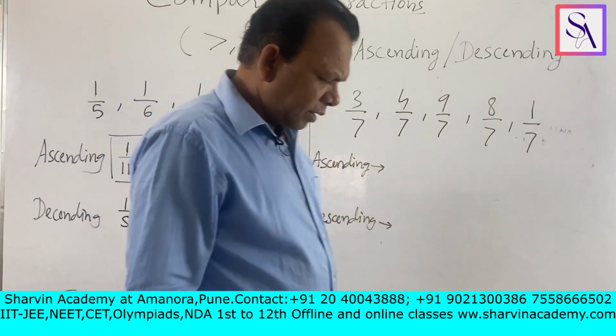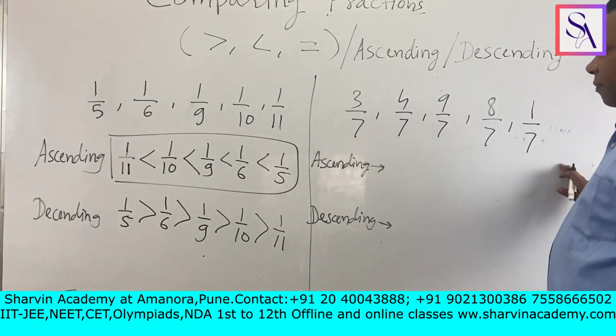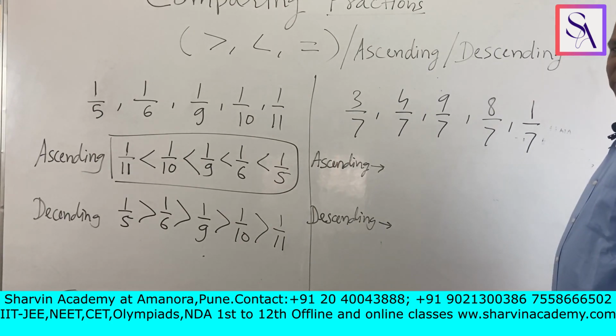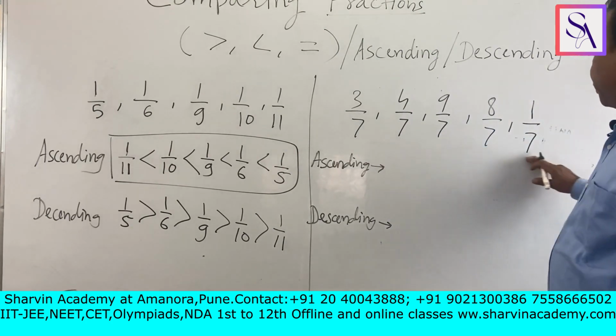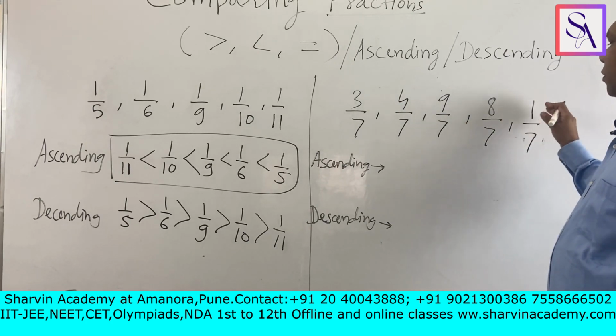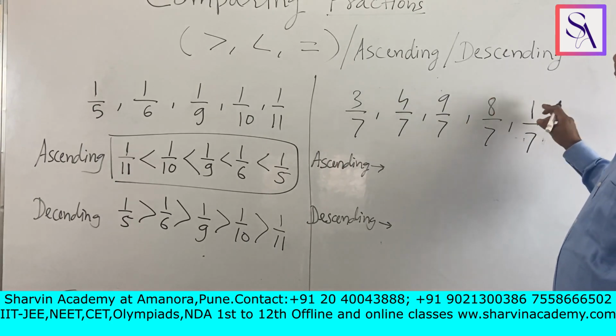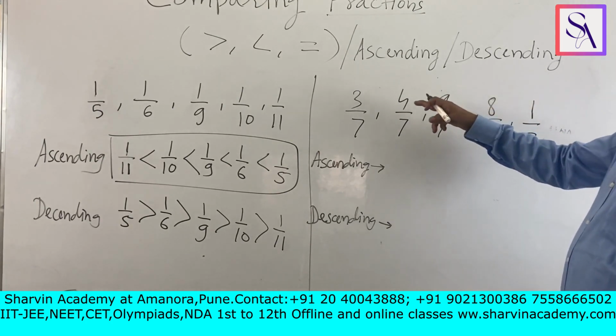These are very simple. Similarly, if the denominators are the same, in that case also it's very simple. So exactly opposite to this. Here the denominators are the same and the numerators are different, more than 1. Here 1 is there, but the rest are more than 1: 8, 9, 4 and 3.